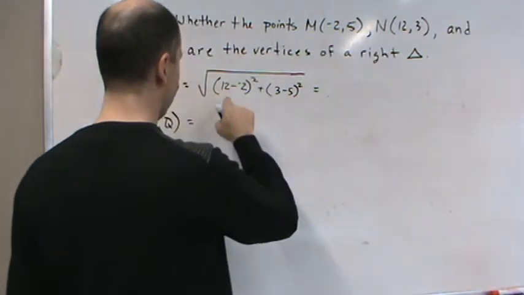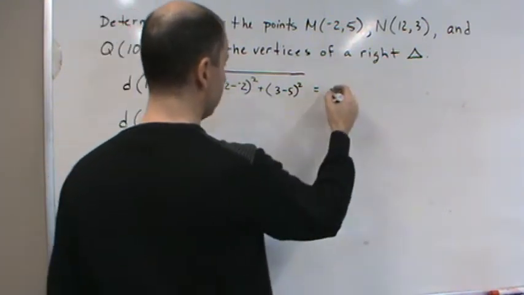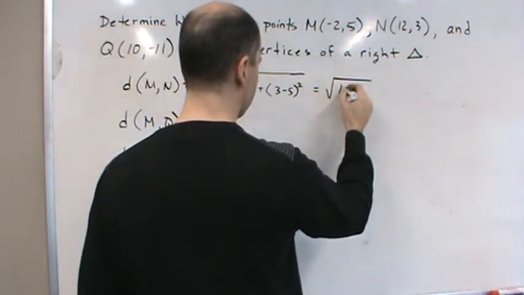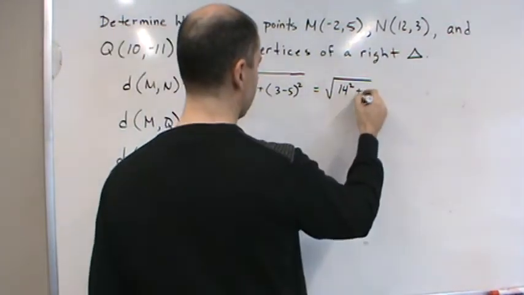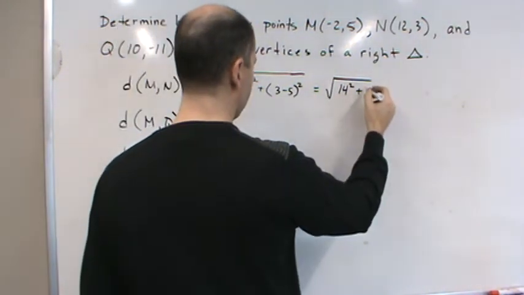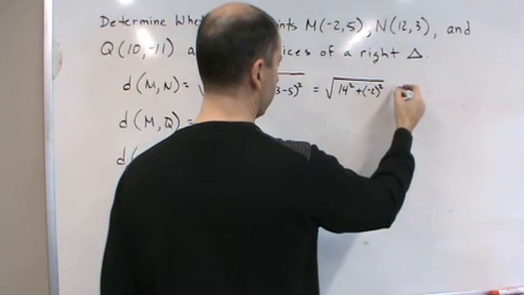So we get the square root of 14 squared plus negative 2 squared.